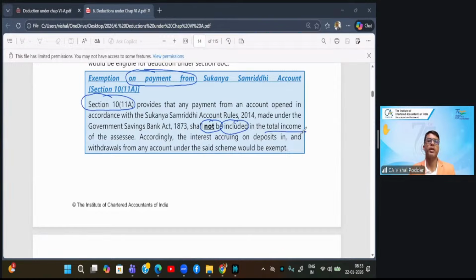In simple words, it will be exempt. So effectively, whatever interest is being added in this account on whatever amount you had deposited will be exempt and there is no taxability of this interest. Is this clear?